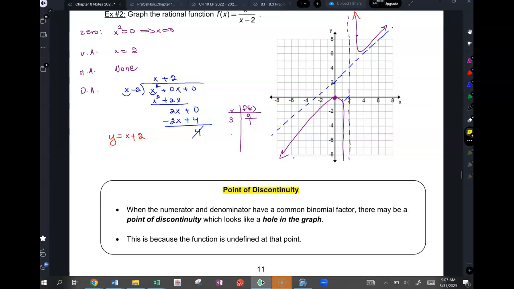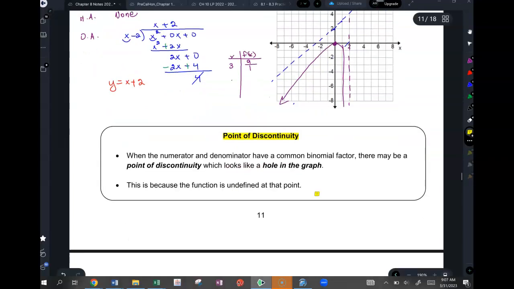When you're setting the denominator equal to 0, you first have to see if you can simplify the function and cancel any terms out, okay? So, when the numerator and denominator have a common binomial factor, then there might be a point of discontinuity.